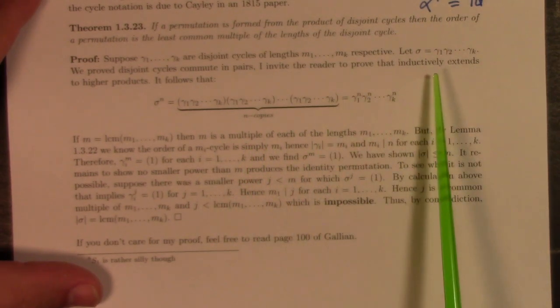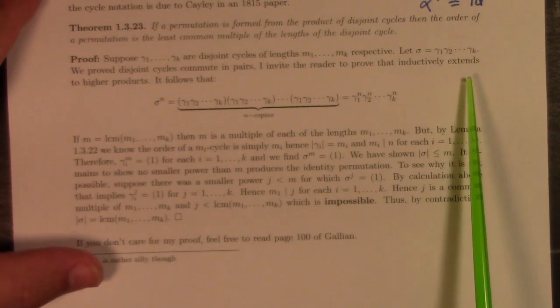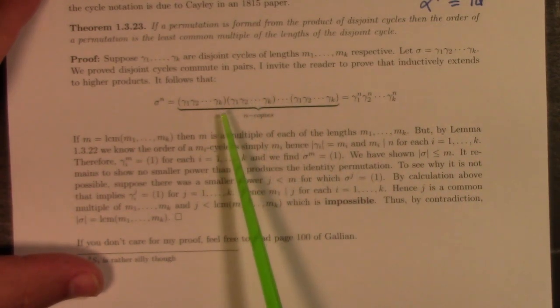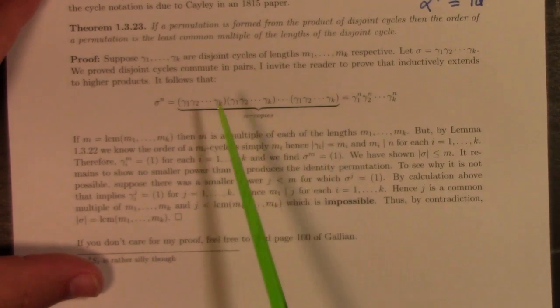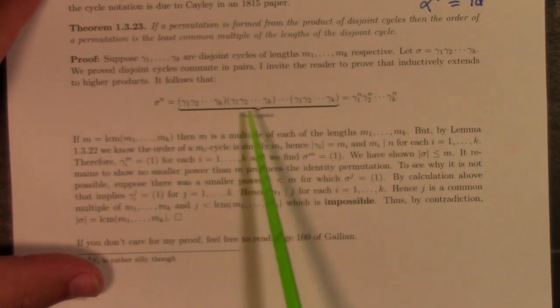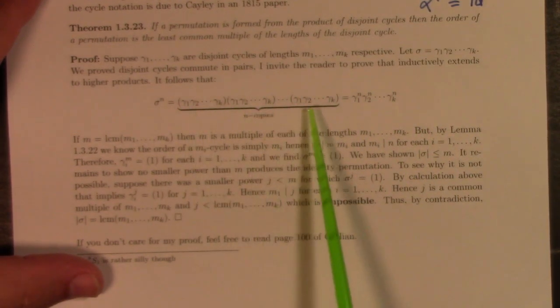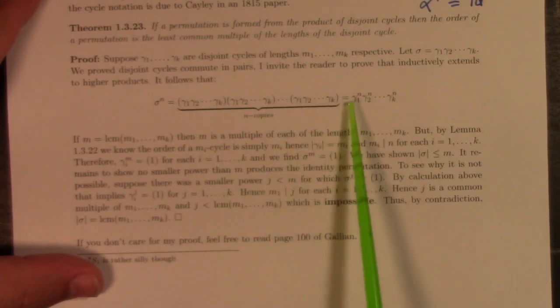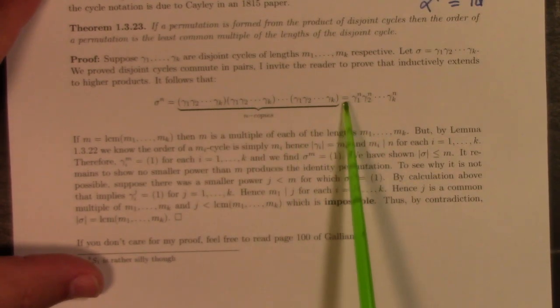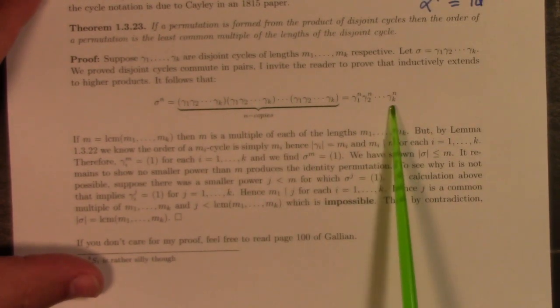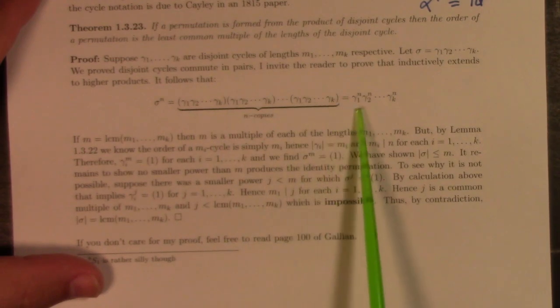Then you can prove that the product of more than 2 disjoint cycles still commutes, and so if you calculate the nth power of that product, since it commutes, this simplifies. I can move the gamma 1s all together and get gamma 1 to the n. I can move the gamma 2s all together and get gamma 2 to the n. I can move the gamma k's all together and get gamma k to the n, because these commute, all right?